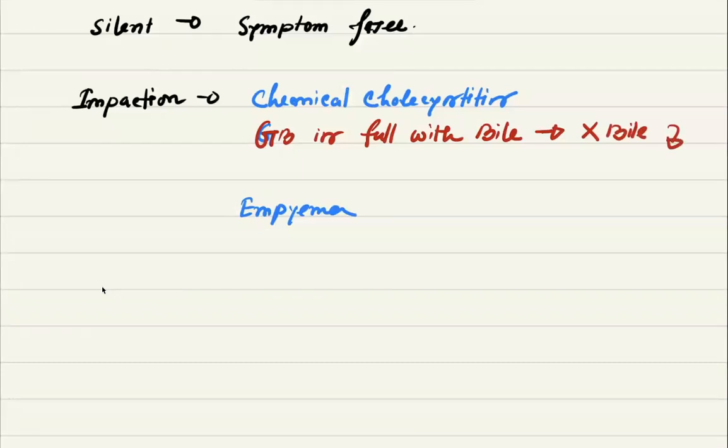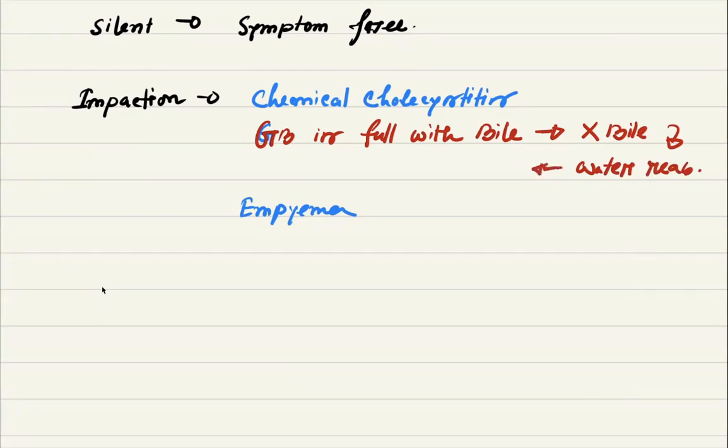So the bile is impacted. Now, after a while, all the water will be reabsorbed, remember, the constituents of the bile include some water, because there is epithelium within the gallbladder.